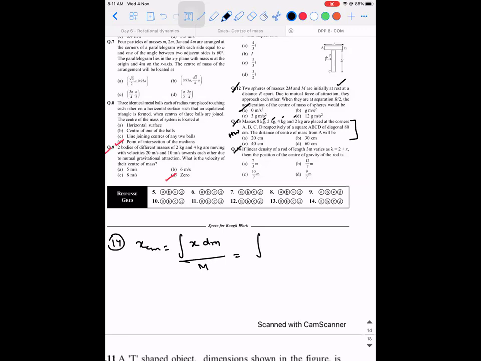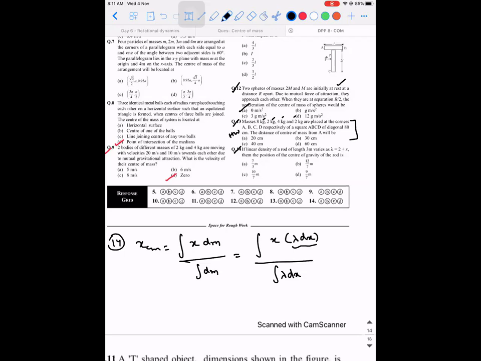So can I write it as integral of x into lambda dx? Guys, by now I hope you understood that dm is lambda dx. This I can write as integral of dm. That is nothing but integral of lambda dx. Right? Now can you guys integrate it? Lambda is 2 plus x. So numerator will be 2x plus x square dx. Denominator will be 2 plus x dx.